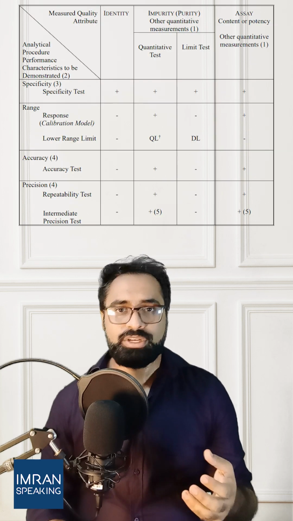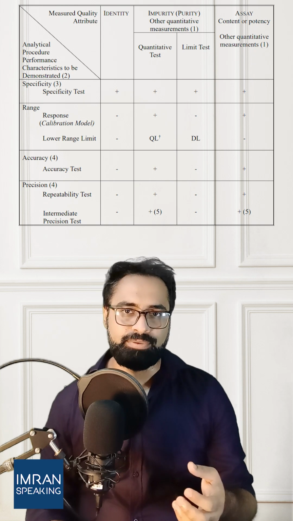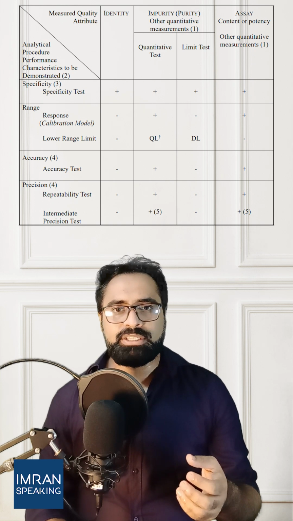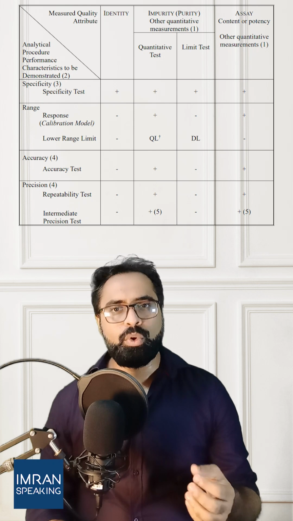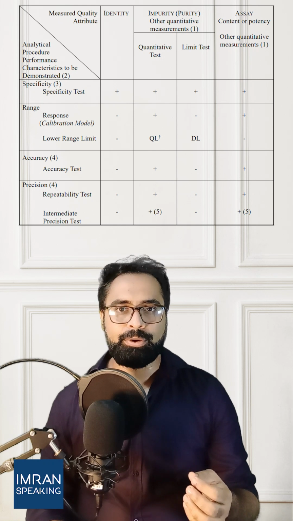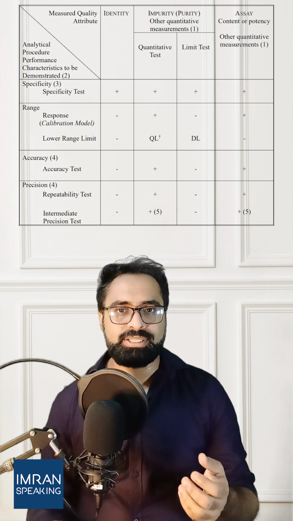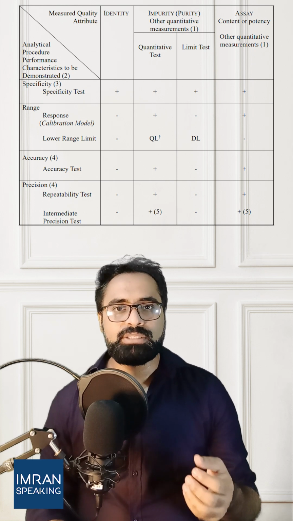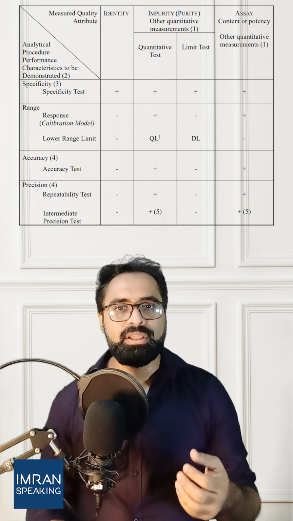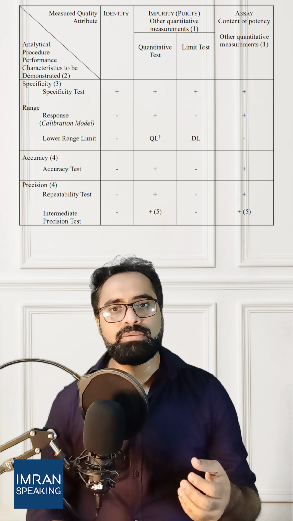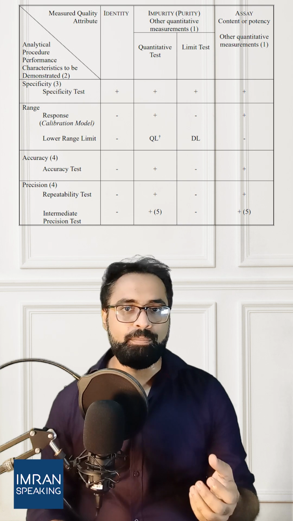Now, let's discuss when to use which parameter for validation. As you can see in the table, for an identification test, only specificity is required. On the other hand, in case of any quantitative analysis such as assay or dissolution, specificity, accuracy, linearity, repeatability, and intermediate precision are required to be performed.